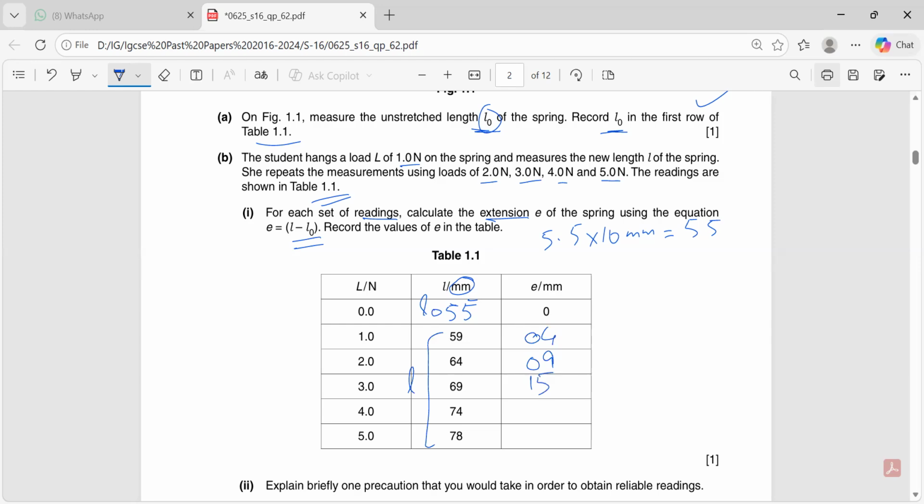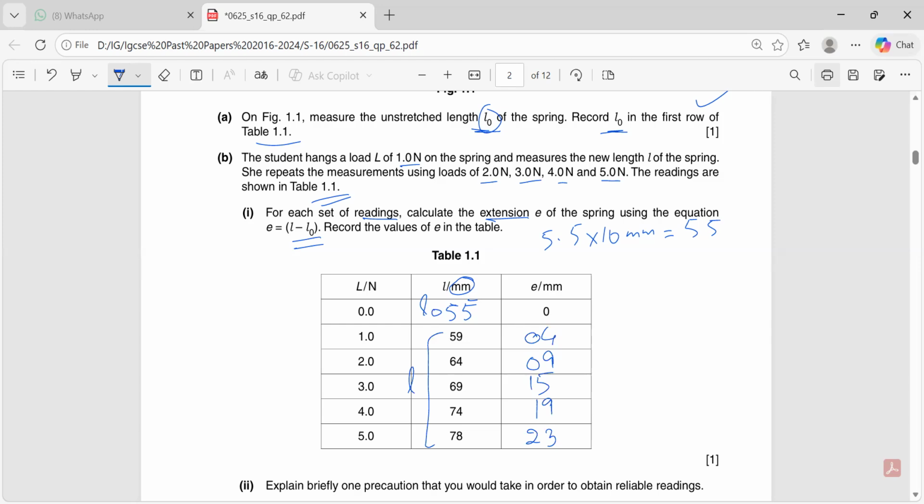Then 74 minus 55, it is 19. And 78 minus 55, that is 23. Dear friends, every time we are taking L0 as 55 and measuring the values.